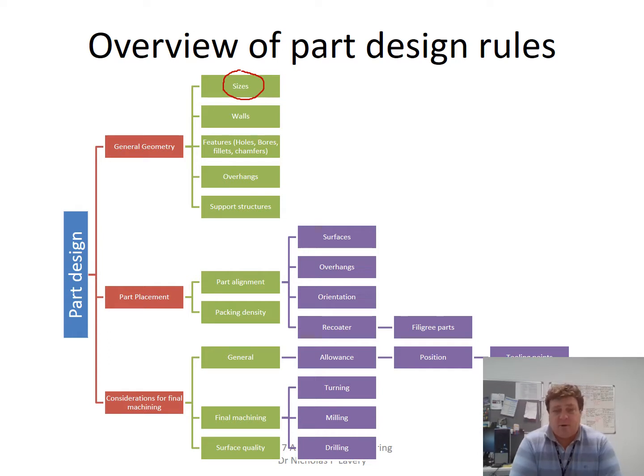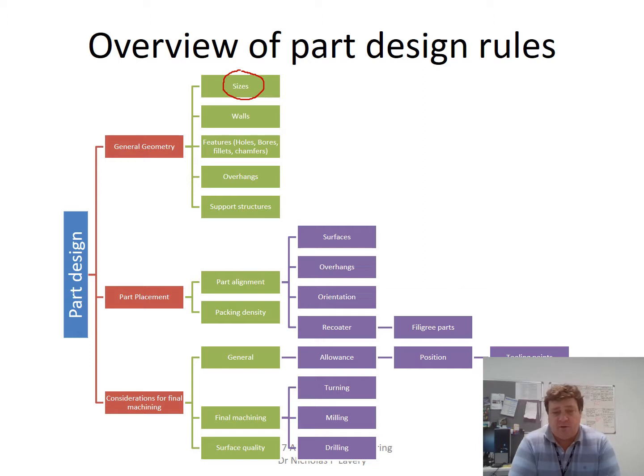It'll determine how you can orientate the part within the build. The thickness of the walls and how they are orientated with respect to the build, that's very important. Features, holes, bores. Some of these features you can build directly, maybe without even having support structures. Others you may choose to defer to a final machining step.